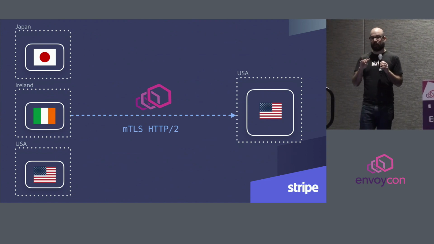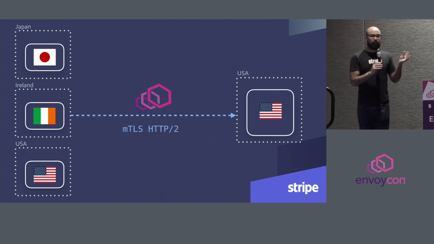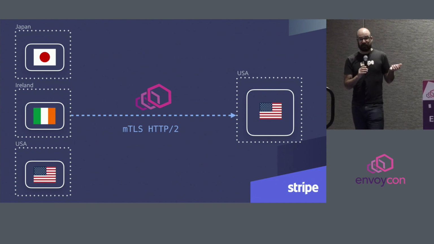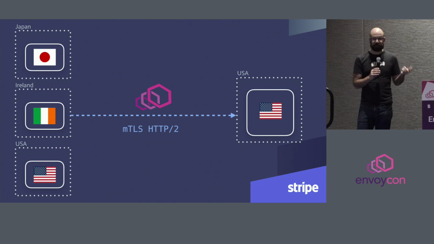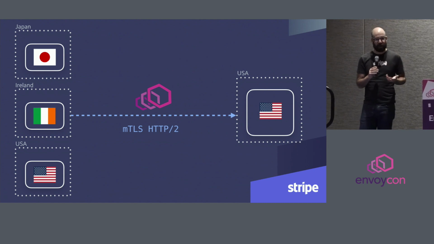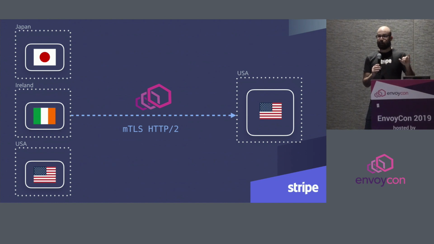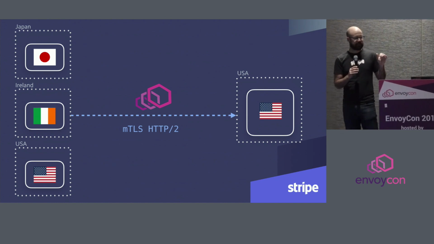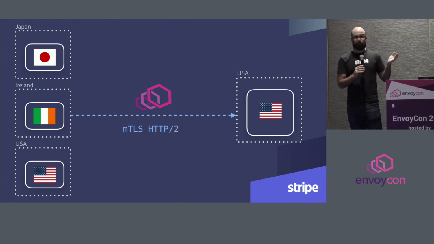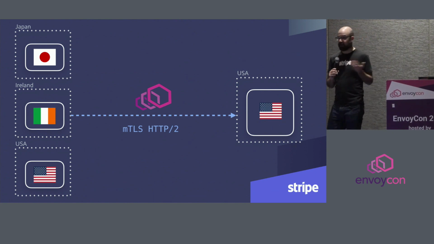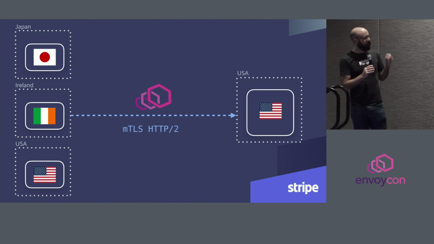So the great thing about setting up this pretty basic Envoy use case is by having Envoy manage the connection on both sides, those connections, which are pretty expensive to establish, you can imagine. We've got to do MTLS between faraway places. Those connections now outlive any application restarts on either side. So at Stripe, we deploy many times a day, dozens of times a day, depending on the day.